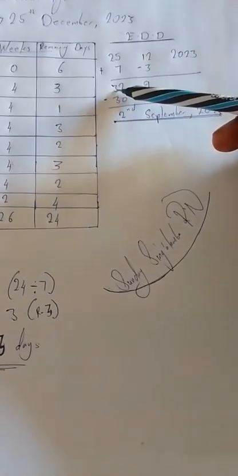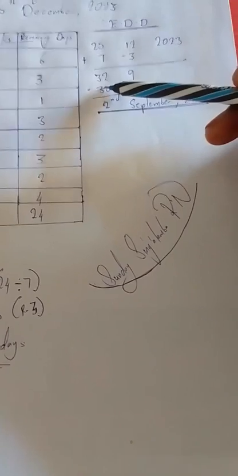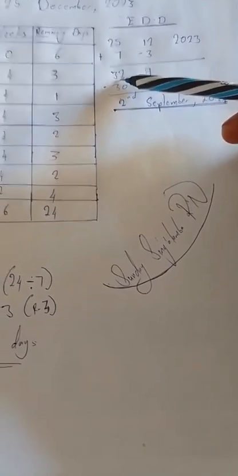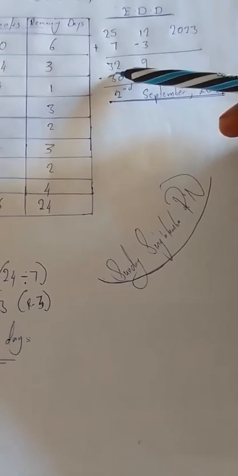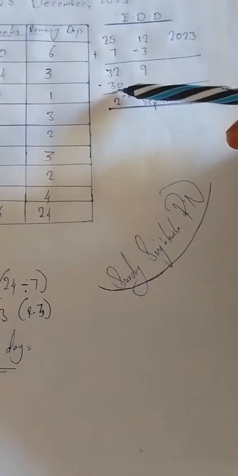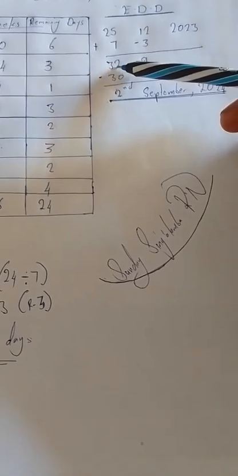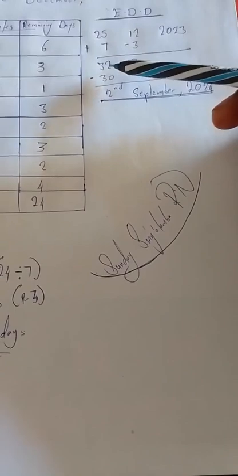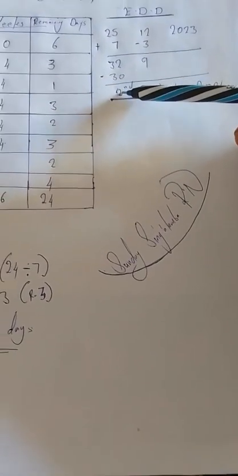Then 32 days. Since these days are over a month, we have to subtract 30 from 32. If we do that, we're going to find 2. So we write our 2 here.